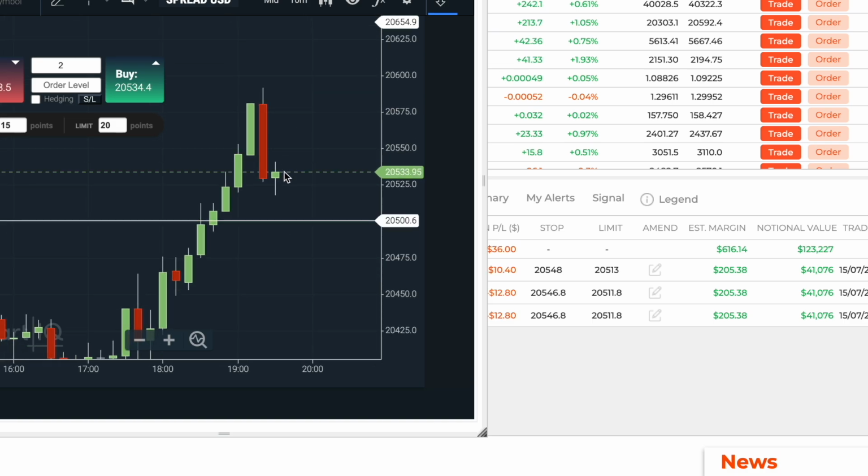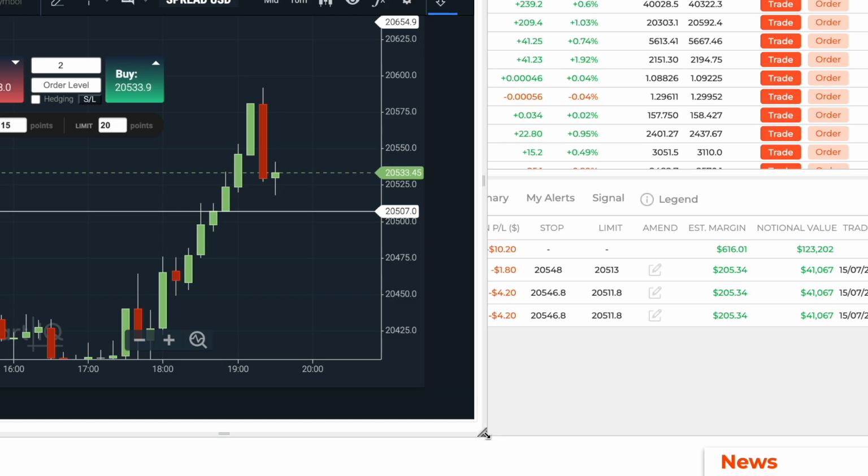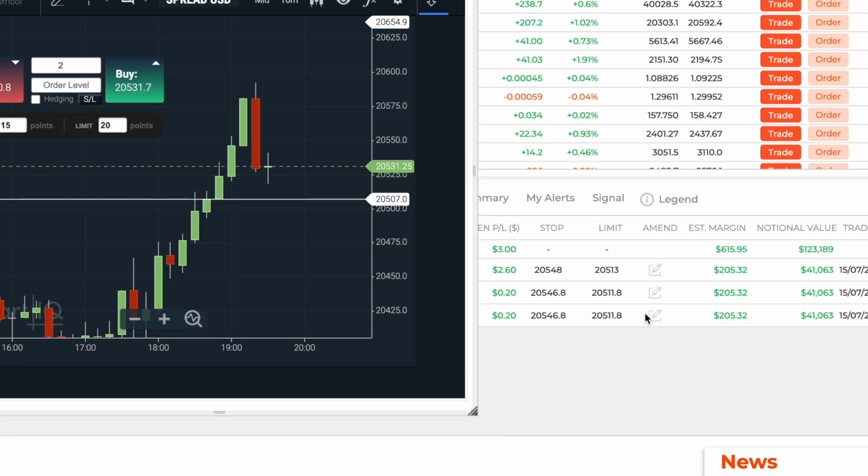This candle should dump briefly to this level, and we're going to be out. We don't have to specifically take 30 points. We could just take whatever the market gives us.